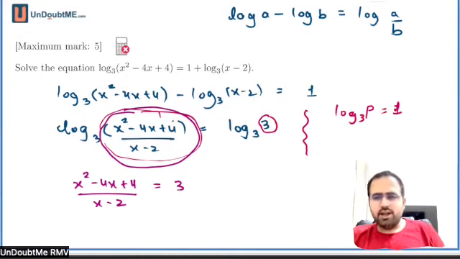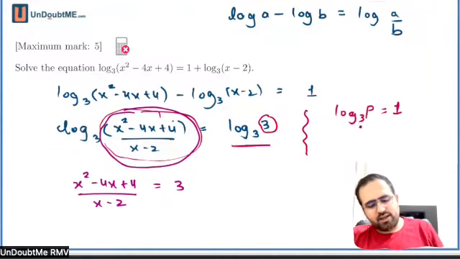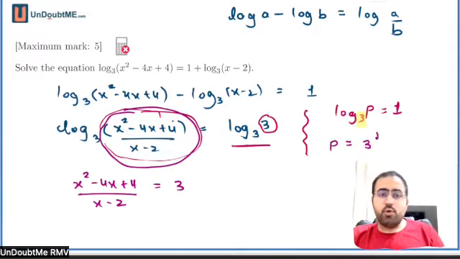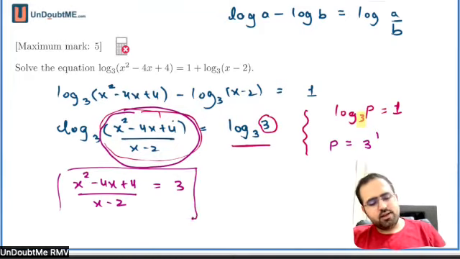Anti-log means whatever is the base of this log, you have to raise it to the power of the number written on the other side. So p is equal to 3 to the power 1. Now p was that encircled term, so that is how I can write the next step.